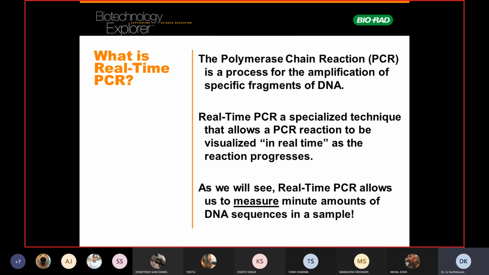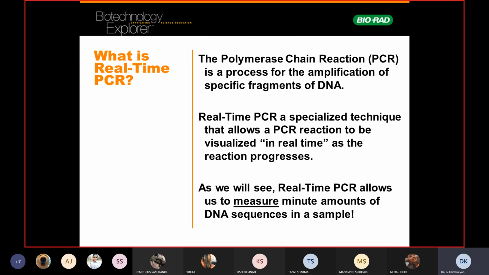We all know that the PCR process, as we discussed, is for the amplification of specific fragments of DNA. But real-time PCR is a specialized technique that allows the PCR reaction to be visualized in real time. When we do the normal PCR, we don't know until the end of the 25th cycle whether the PCR reaction has worked or not.